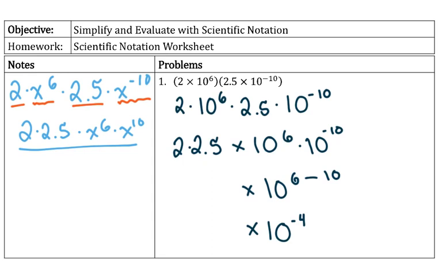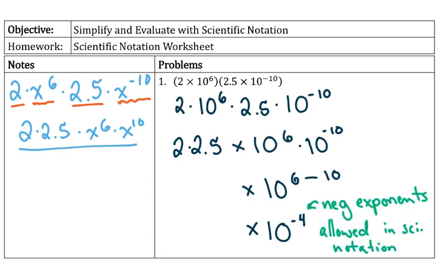It's fine to leave this as a negative in scientific notation. For the decimal, we've got 2 times 2.5, which is equal to 5.0. We only have 1 digit in front of the decimal point, so it's fine to just leave it as that for our final answer.